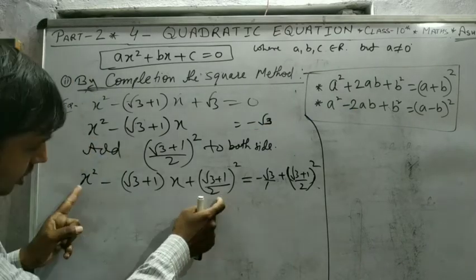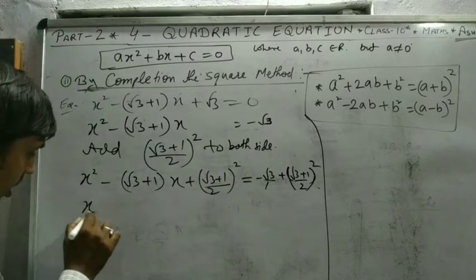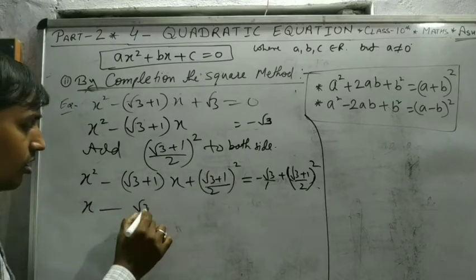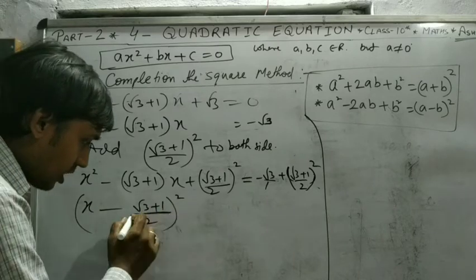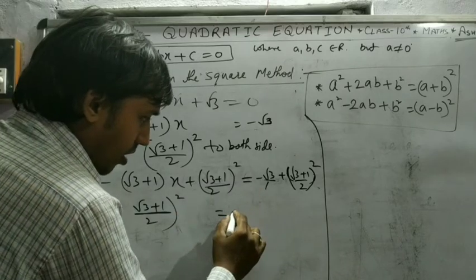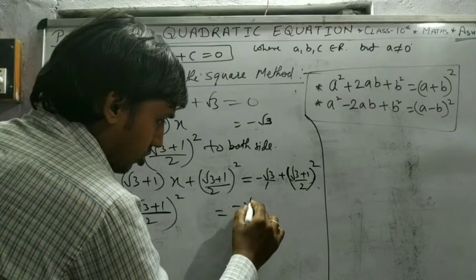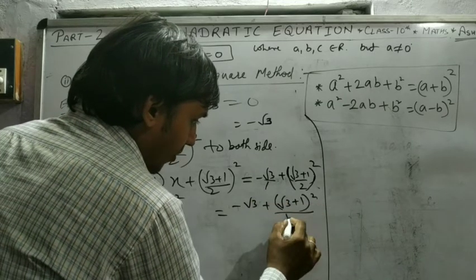And they are always a square, b square. So it is a minus b whole square. The minus sign is for the whole. Here, minus root 3 plus 1 whole square upon 4.